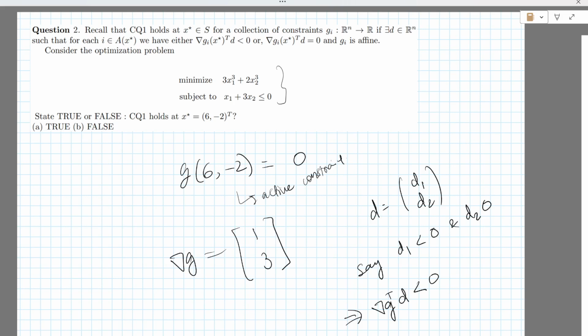So there exists a d which satisfies this. So you can say CQ1 holds at x star. So this is also true.